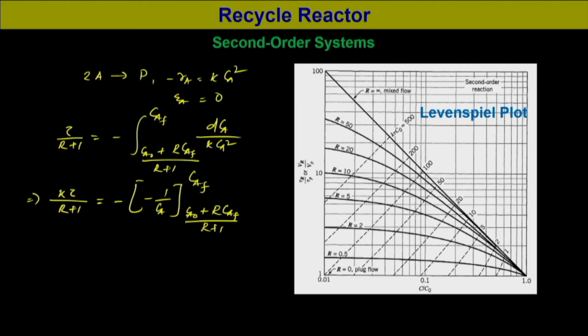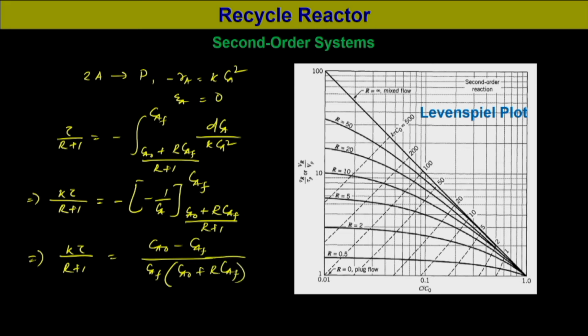If you put in the limits, k tau by R plus 1 would be equal to (CA0 minus CAf) divided by CAf into (CA0 plus R CAf).